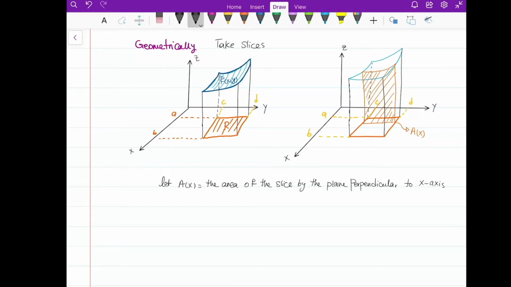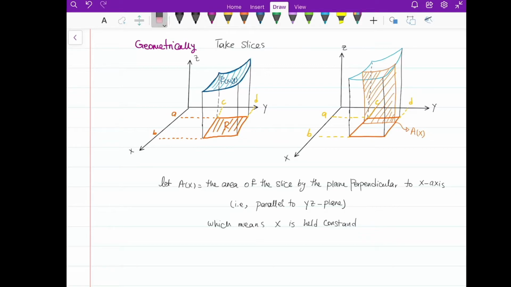So the plane is perpendicular to the x-axis, I mean, this slice is parallel to the yz plane. Which means what? Which means that x is held constant.